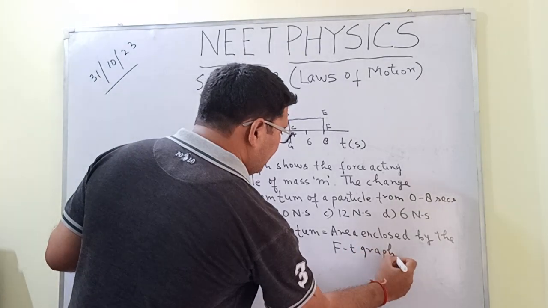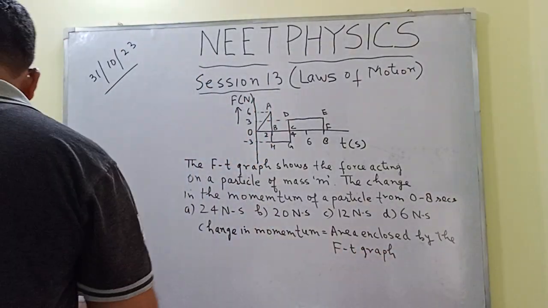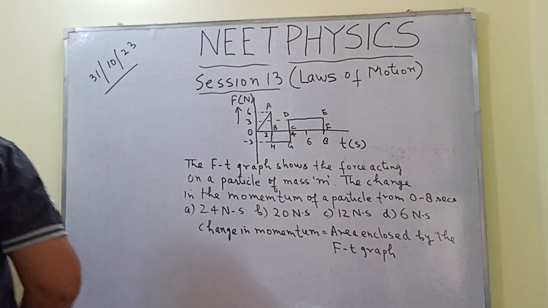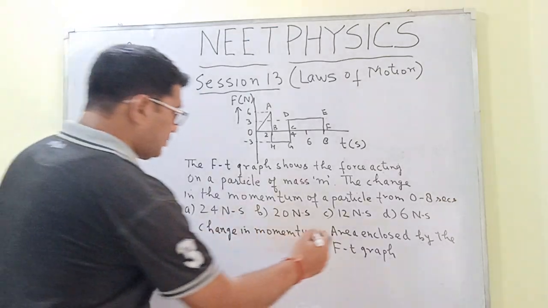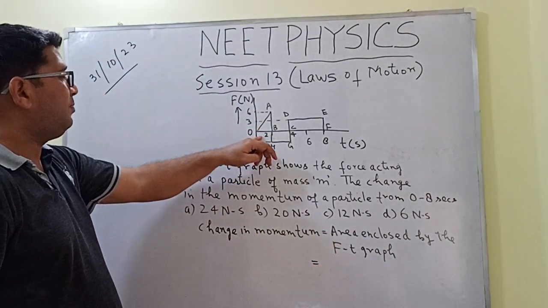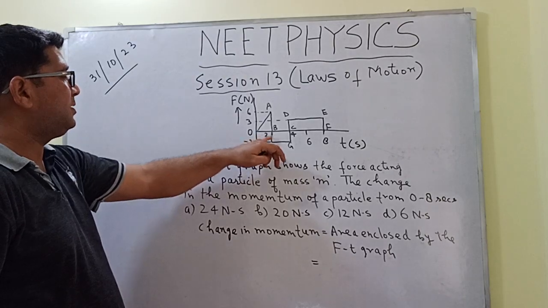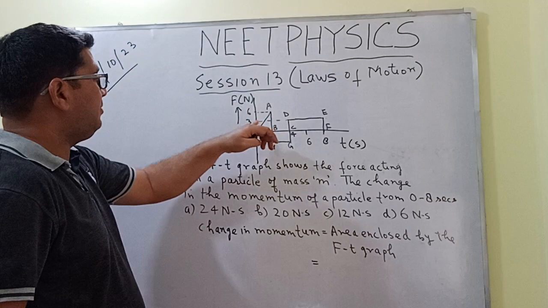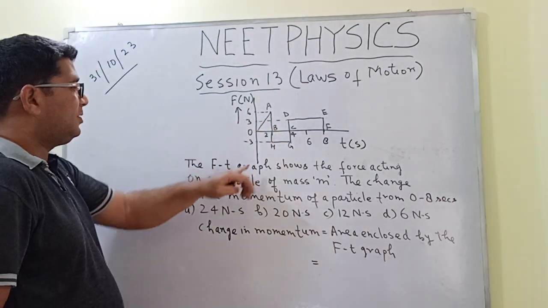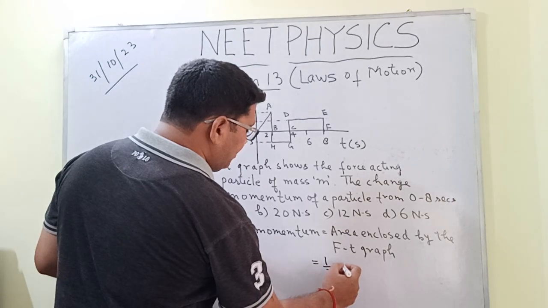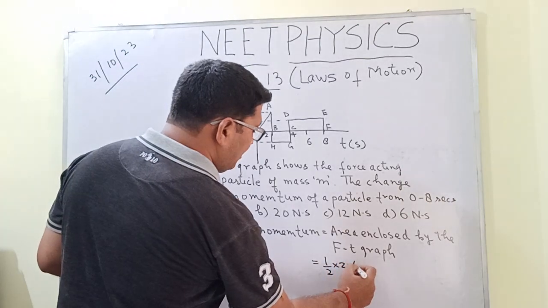Now the area of this triangle will be half into base into height. The base is 2 seconds from here to here, and this height, that is AB, is 6. So that is half into 2 into 6.